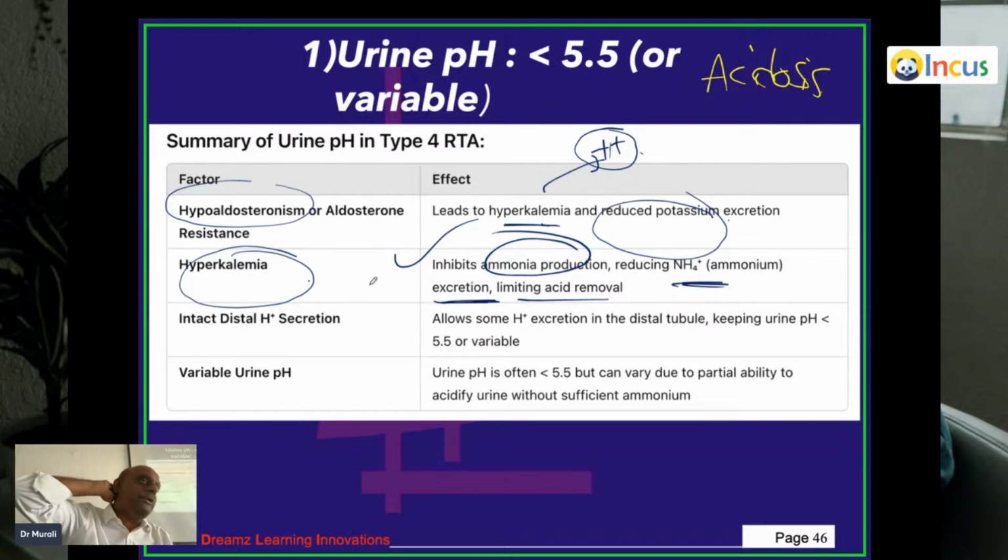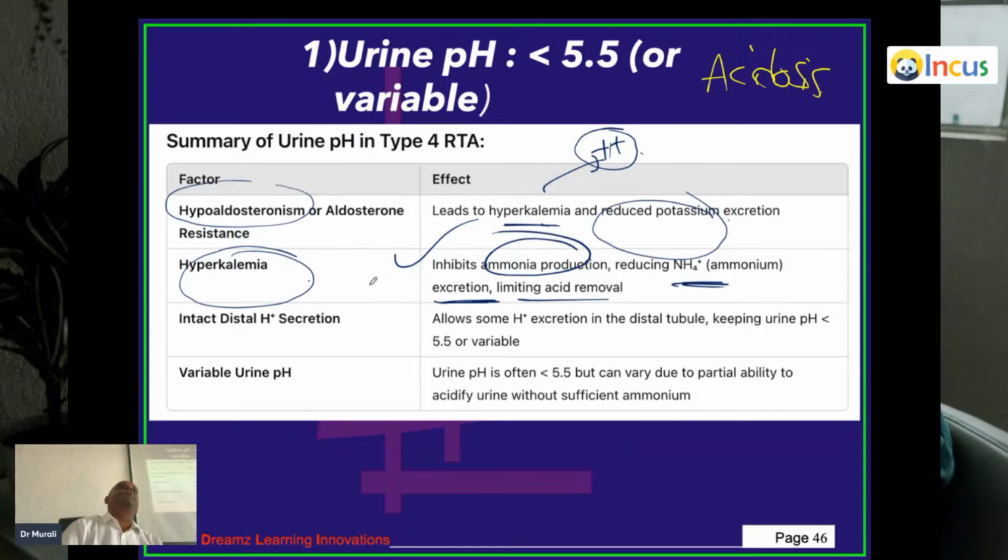Then what should happen to urinary pH? It should become alkaline only, no? It is not explaining why urine pH can still be less than 5.5. This we will come back to. This also will be kept under deeper review. Okay? So all these are some mechanisms.